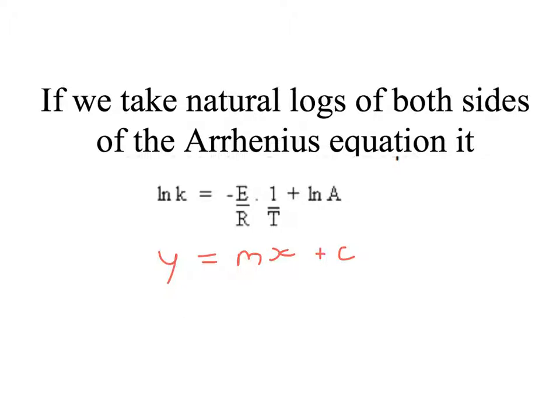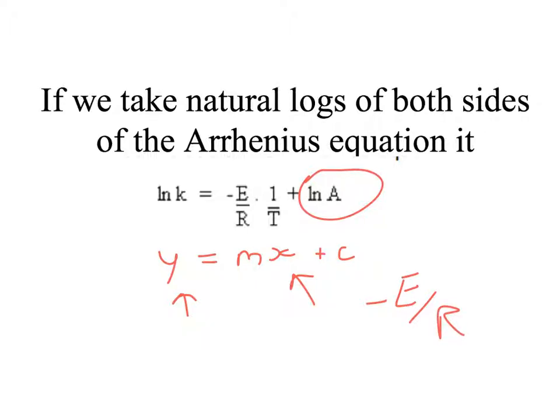So if I plot the log of the rate constant against 1 over T, I will be able to calculate both the natural log of A, and the gradient will be minus E over R.